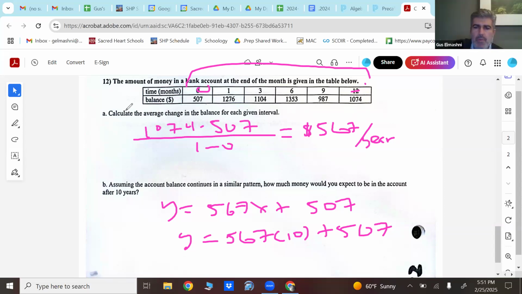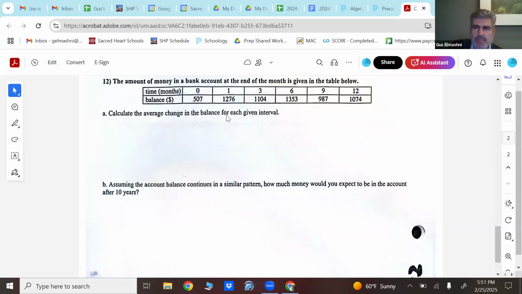Okay. Well, let me show you one of my practice tests here. Maybe one of my homeworks might help too. Let's see.